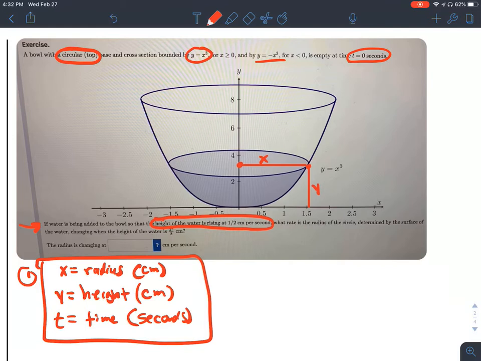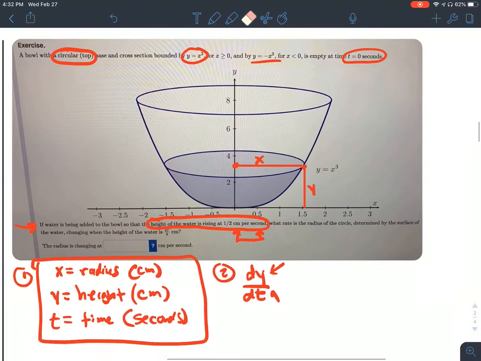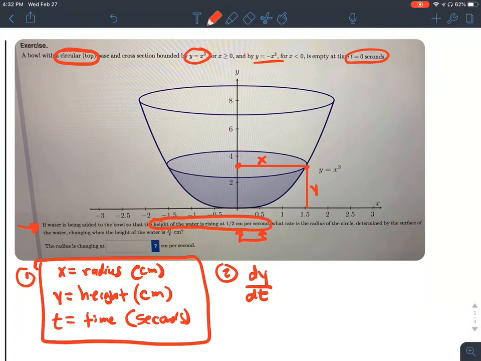So in calculus, what we would do, this is step 2, we would say that the change in height, we said that y was the height, with respect to time, this is measured in centimeters per second. So the top is in centimeters, the bottom's in seconds. It says that is equal to 1/2 a centimeter per second.